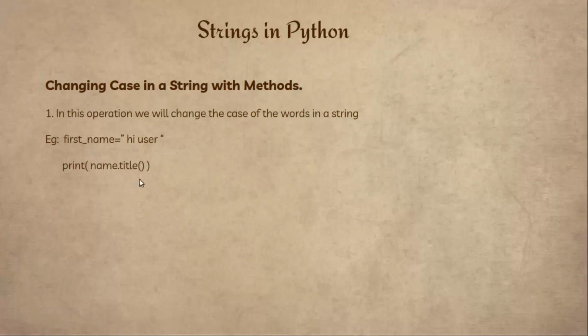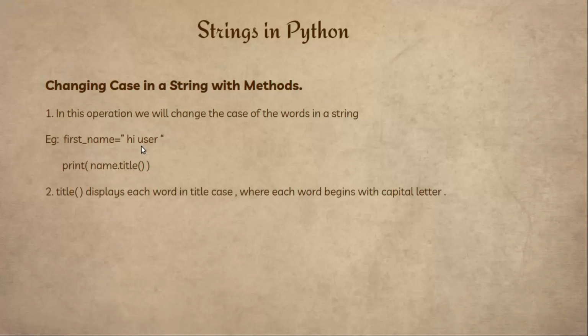You can see the parentheses after title, which shows that it is a function. The use of this function is to change the first letter of every word to uppercase. So if you run this print, we'll get the output Hi User, where H of hi and U of user will be in uppercase. Okay, so let's look at the code part, then you will understand.